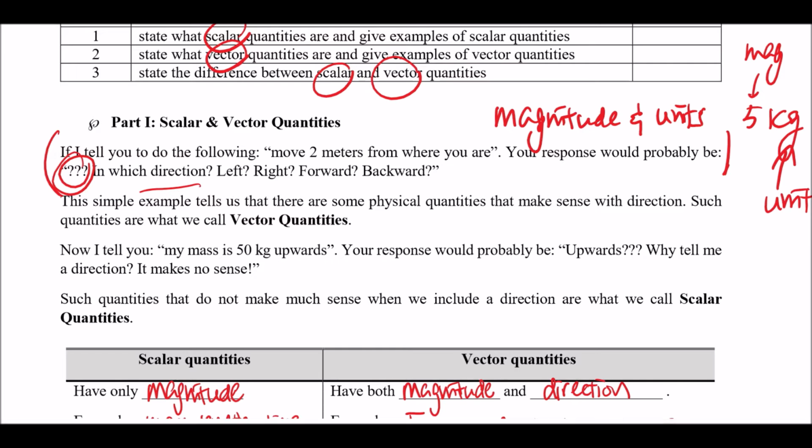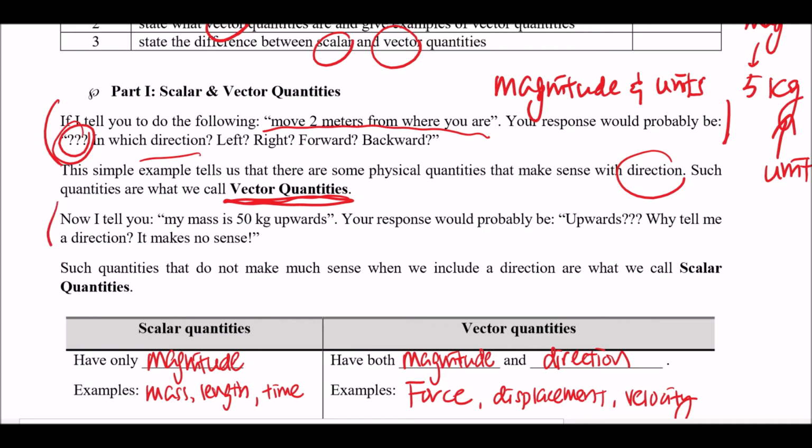So this doesn't make sense because I did not give you the direction. There are certain physical quantities that only make sense with a direction. These kinds of quantities are what we call vector quantities. So vectors need to carry a direction.